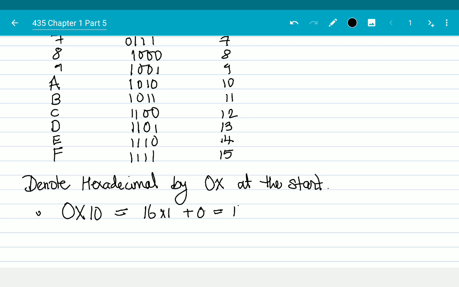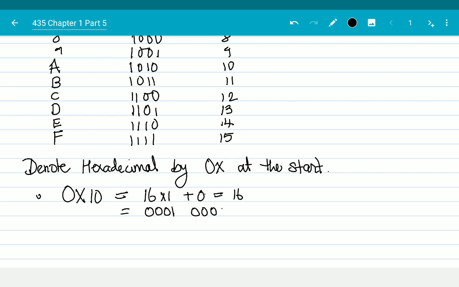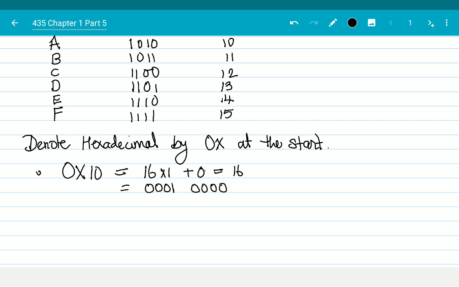So that is just 16, which is its own code. Okay, so in terms of bits, this is going to be 0001 0000, right? That's the code for 1, and the code for 0.